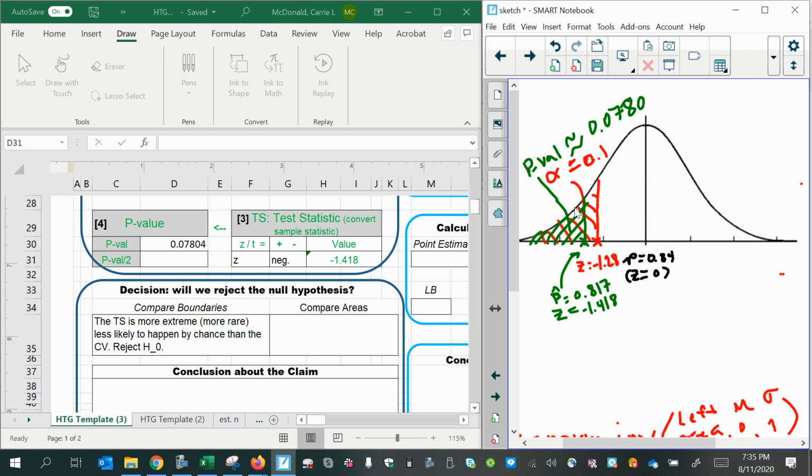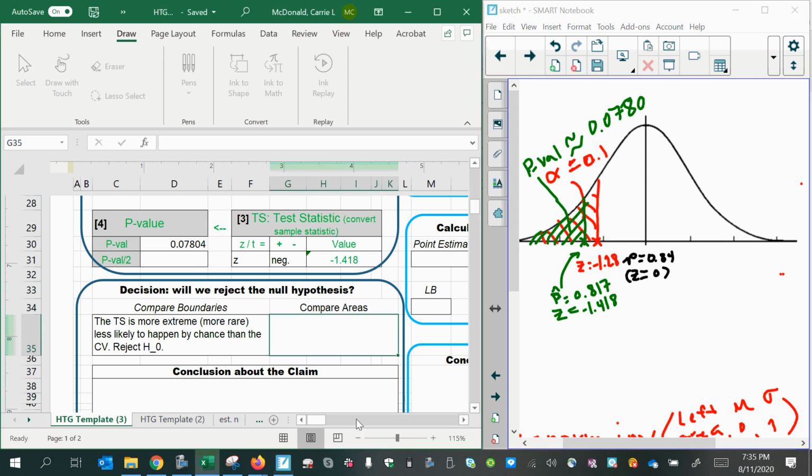So notice that when the test statistic falls into the rejection region, the p-value will be smaller than the significance level. So we have a smaller chance of this test statistic happening by chance, which means that this claim might be false, and we have reason enough to reject it.